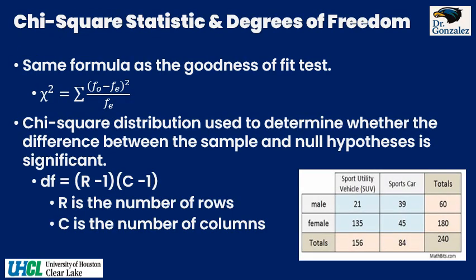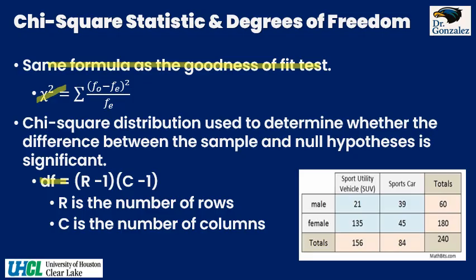So the chi-square test statistic and the degrees of freedom, it's going to be the same formula as the goodness of fit test. So we have chi-square equal to the sum of f sub o minus f sub e, squared, over f sub e. The chi-square distribution is the same. We're not going to be using the distribution because you're going to be using Jamovi. But you would calculate your degrees of freedom as r minus 1 times c minus 1, where r is your rows and c is your columns.